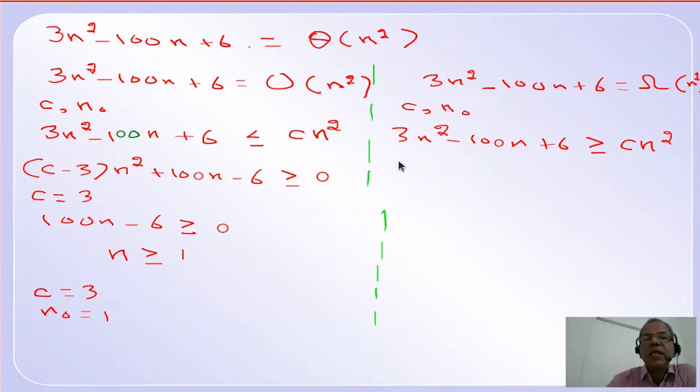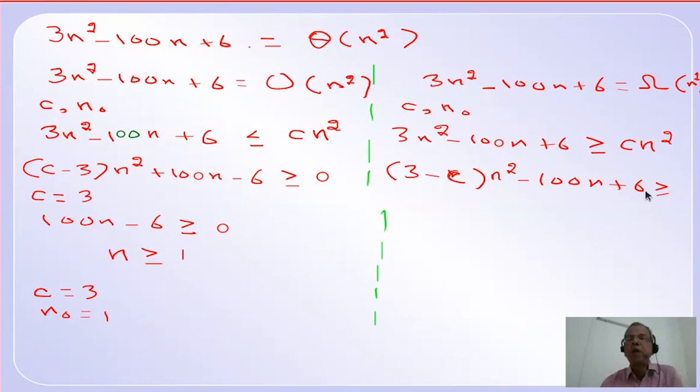Let me bring c to the other side. 3 minus c times n squared minus 100n plus 6 is greater than or equal to 0. For the time being, let me forget the 6.